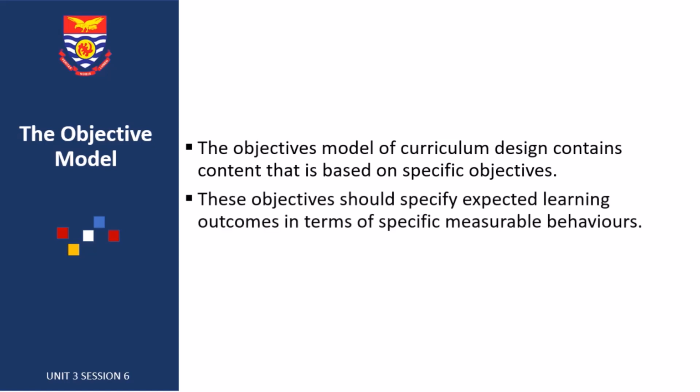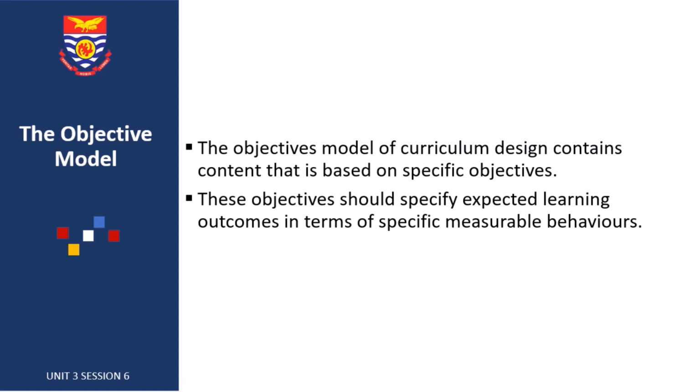The objectives should specify expected learning outcomes in terms of specific measurable behavior. So the behavioral changes that will be seen in students will determine whether the objectives that have been specified have been achieved or not.